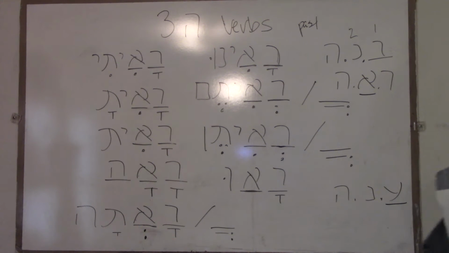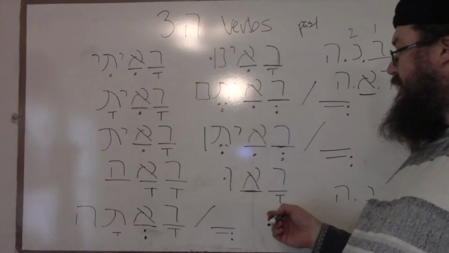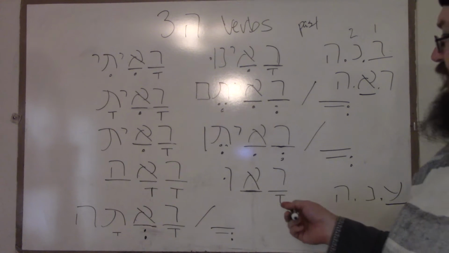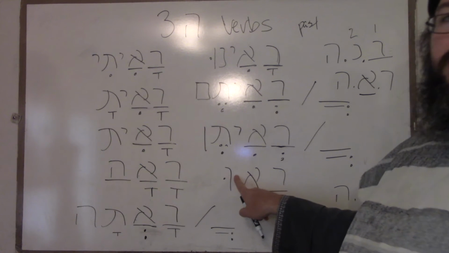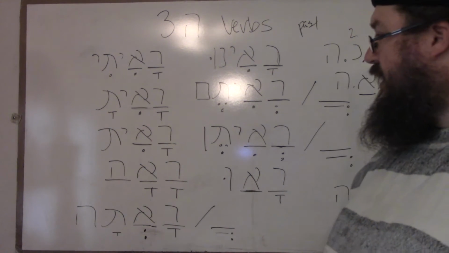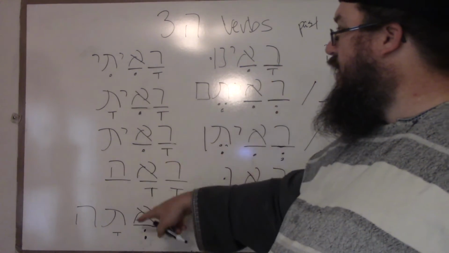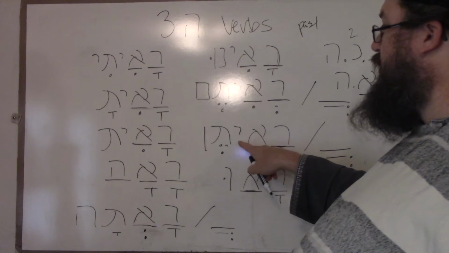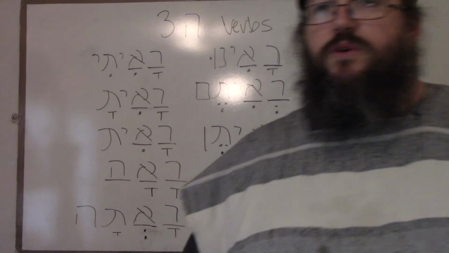So this is what we're going to be utilizing with relationship to the differentiations. Here we see that a hay is not going to be placed here. We're going to just see the vav at the end. Here we're going to see the tav being replaced for the hay, and all the rest we're going to notice that we're going to put the yud right in the hay's position, and that is going to be the vowelization.